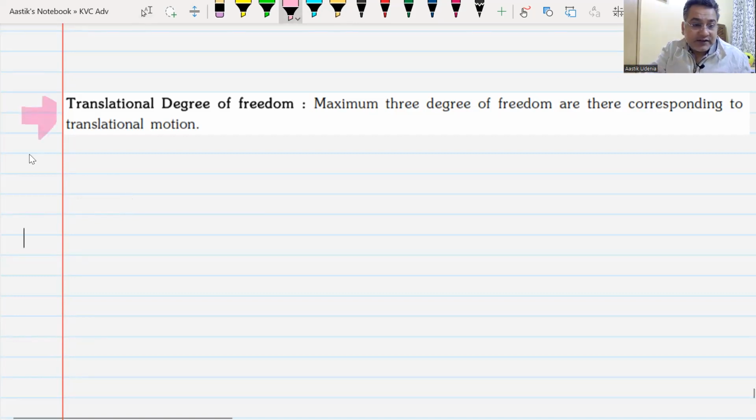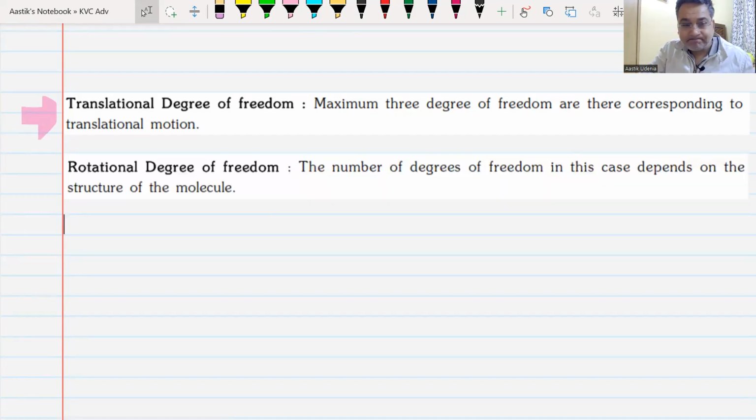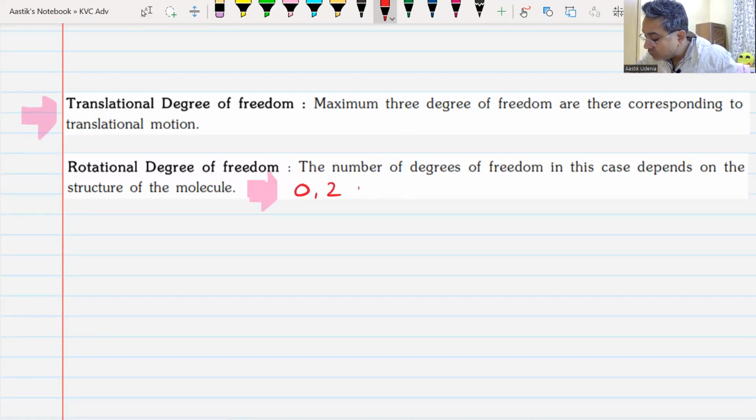As far as rotational degrees of freedom are concerned, depending on the structure of the gas molecule, they vary. It can be 0, 2, or 3. We will see this depending on the structure.